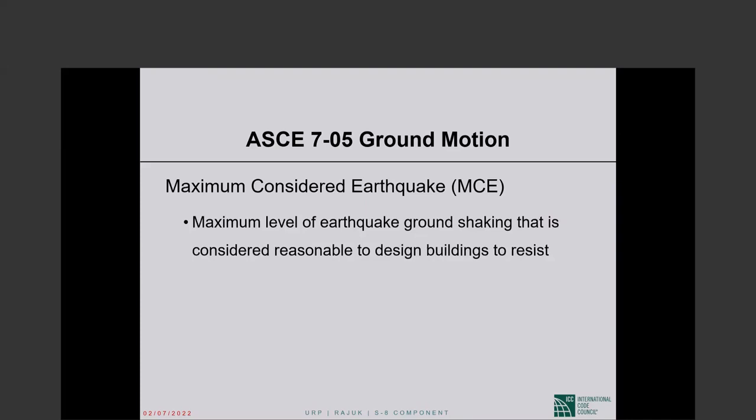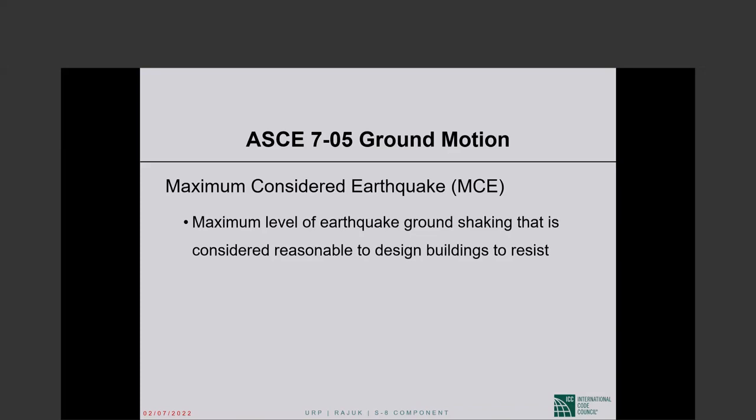So the maximum considered earthquake is defined in that document, or was first defined in that document, as the maximum level of earthquake ground shaking that is considered reasonable to design buildings to resist.